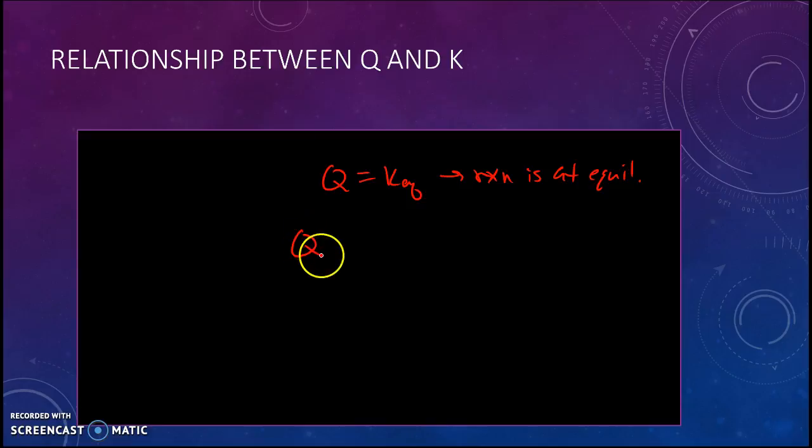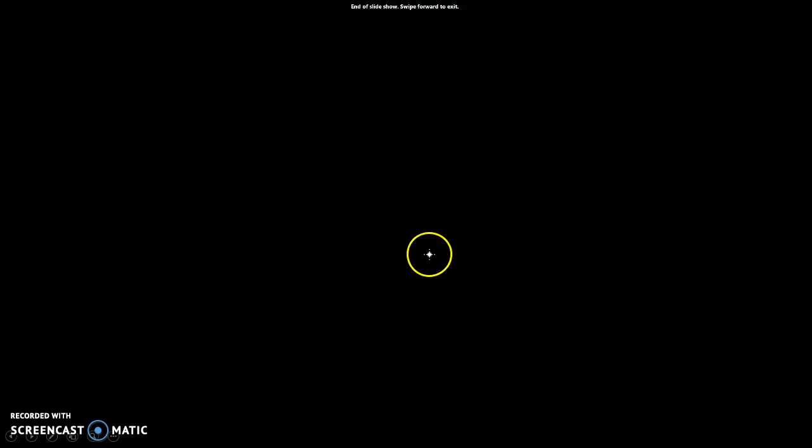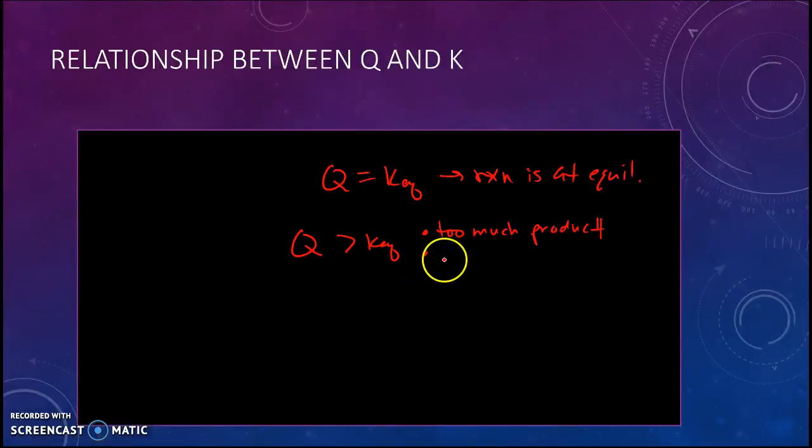But maybe more interestingly, if Q is greater than K, then this means that we have too much product. That top part, the numerator, is too big compared to K. So we have too much product, and the reaction will form more reactant to establish equilibrium.